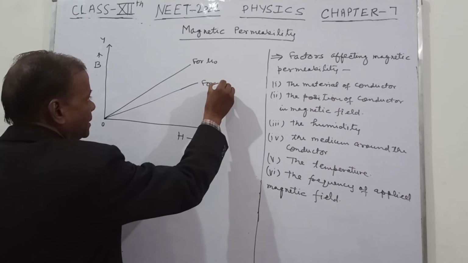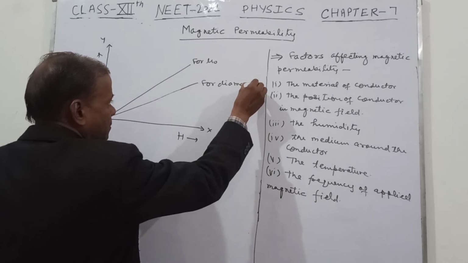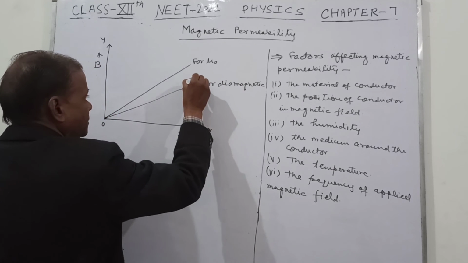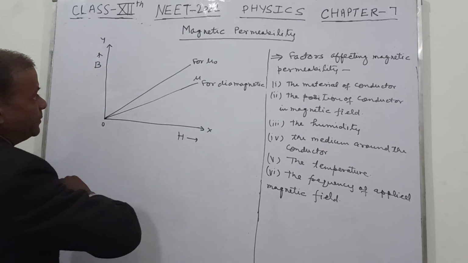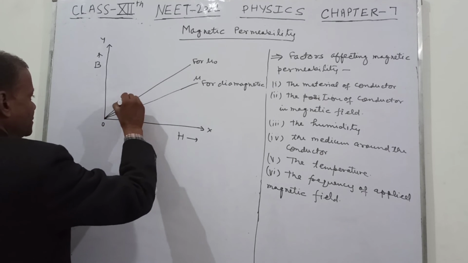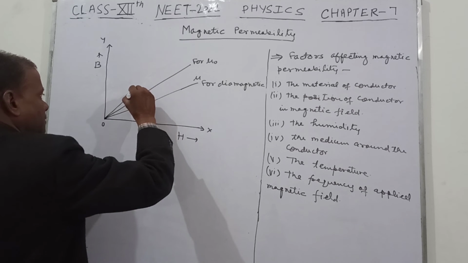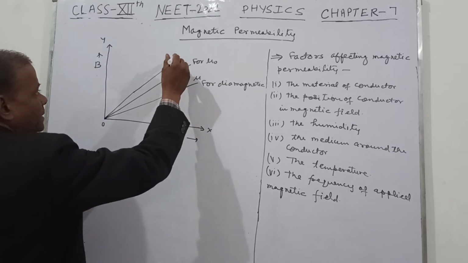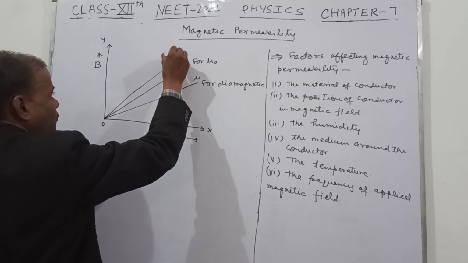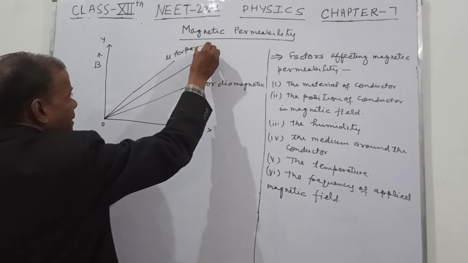This one is for diamagnetic, mu for diamagnetic. If we have a straight line like this, that is mu for paramagnetic.